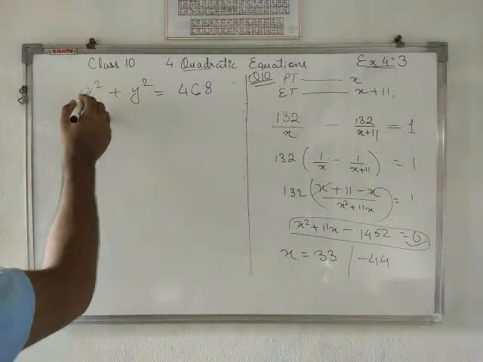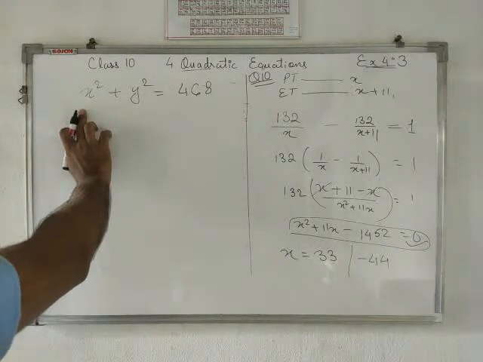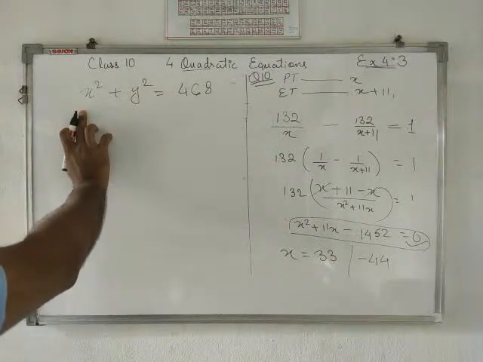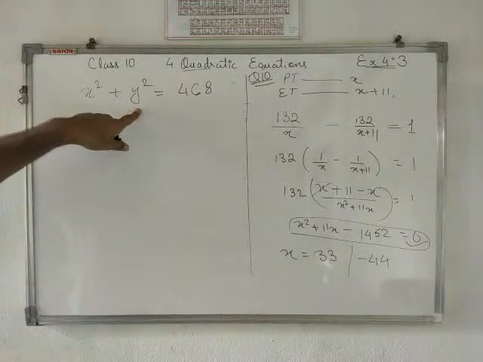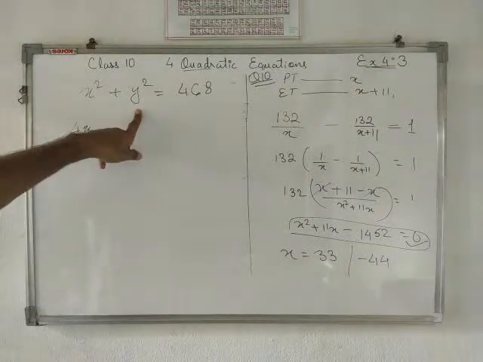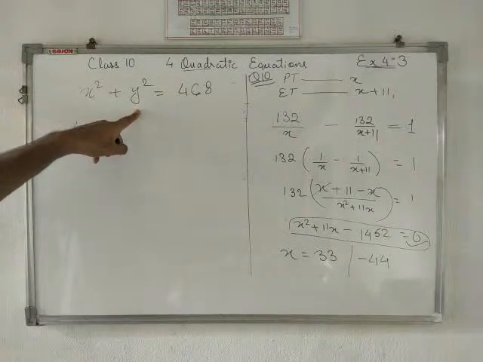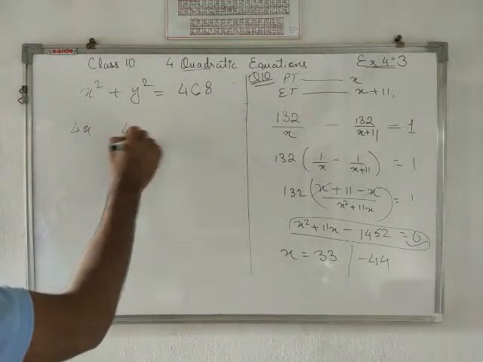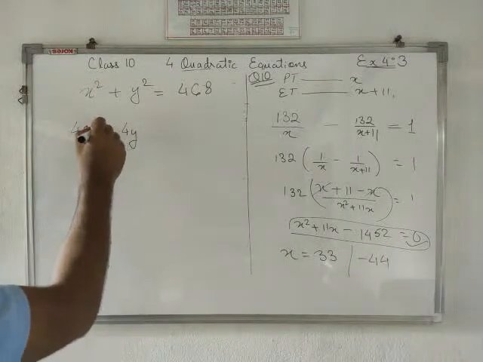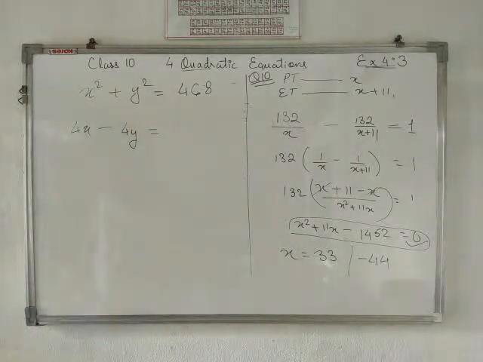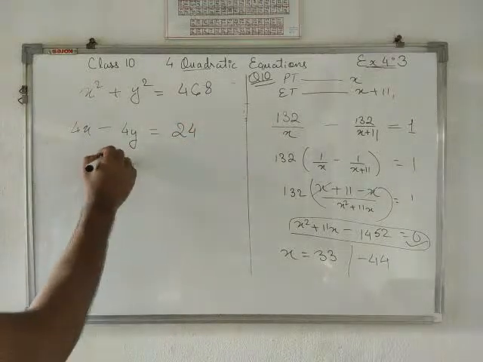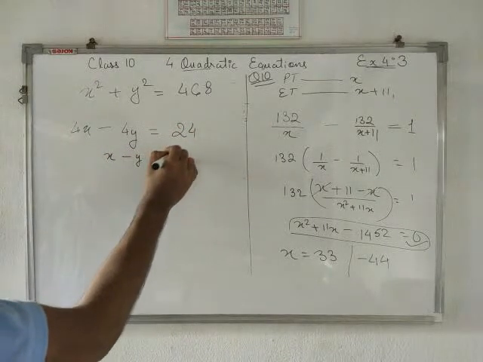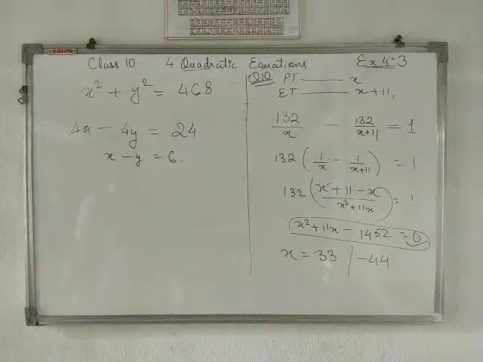The perimeter का formula क्या होगा? If x square is the area of a square, then what will be its perimeter? Obviously 4x. If y square is the area of a square, its perimeter is 4y. And I am imagining that this one is smaller, so minus. The difference is 24. After simplifying it, we will get our second equation.